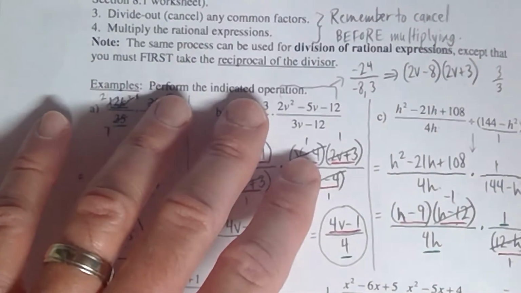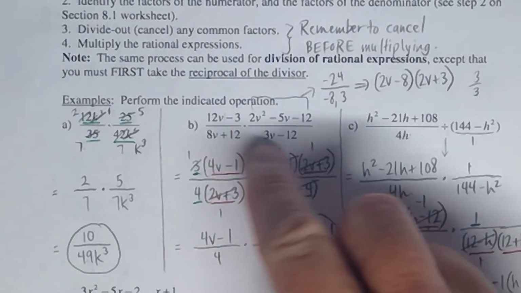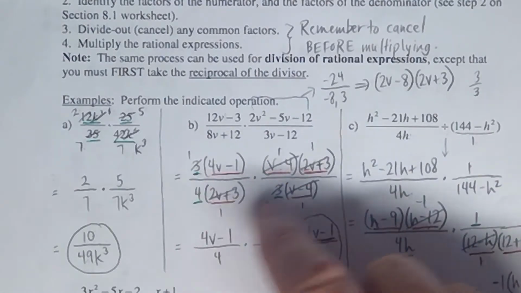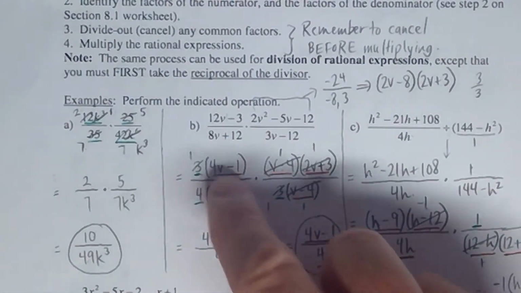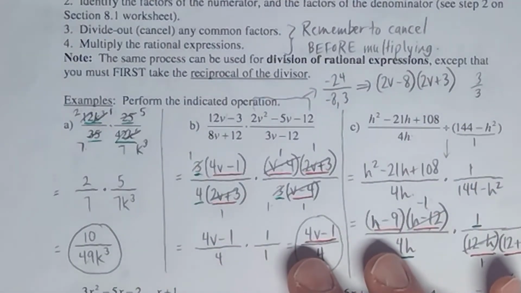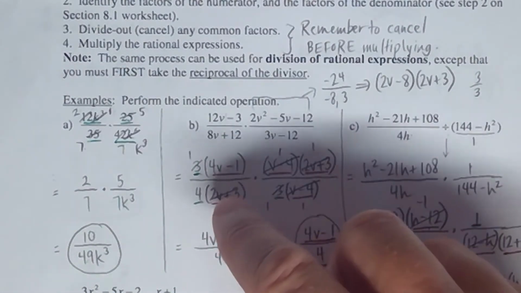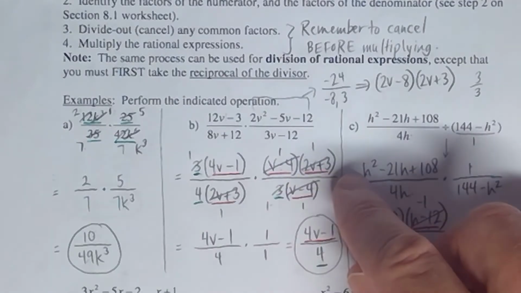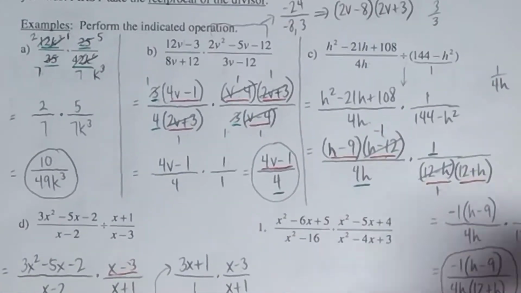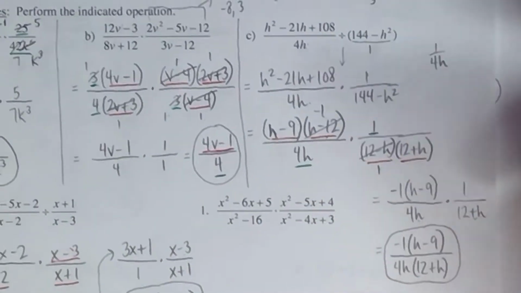As you guys know from 8.2, when we multiplied fractions, if you have more than one term in any of the 4 places, you've got to factor first. Identify your factors. That's why I underlined all those things. Identify your factors, factor, and then you'll know what to cancel. You can cancel single terms with single terms. You can cancel multiple terms with multiple terms as long as they're exactly the same, or they have that same term, opposite sign thing, like we had with h minus 12 and 12 minus h. You're not going to see that in this section.